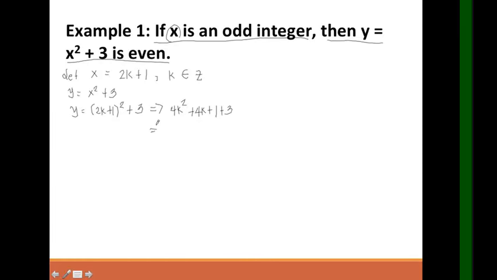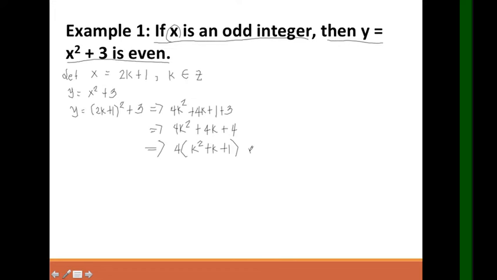And this is equivalent to 4k squared plus 4k plus 4. And simplifying, we have 4 quantity k squared plus k plus 1.